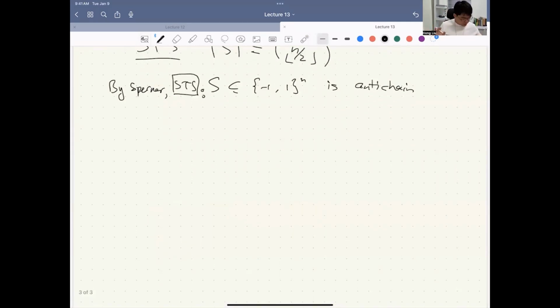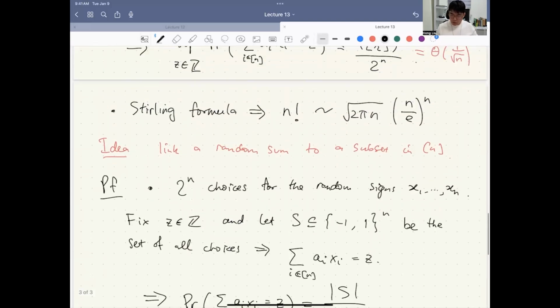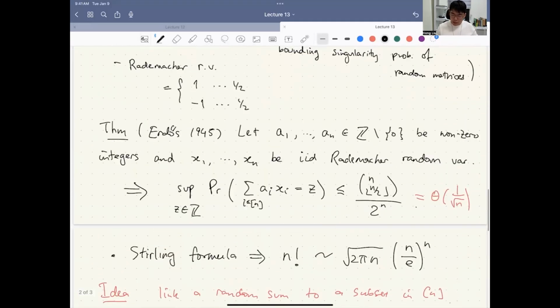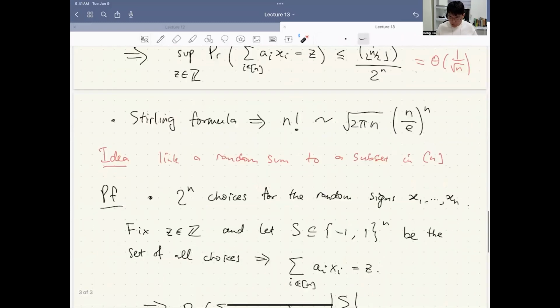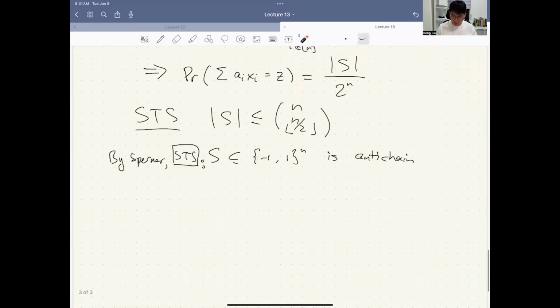So far, so good. And this is simple. By symmetry of the Rademacher random variable, it takes the same probability to be 1 or -1. So by flipping the signs of x_i, by symmetry, we can assume all a_i are positive.